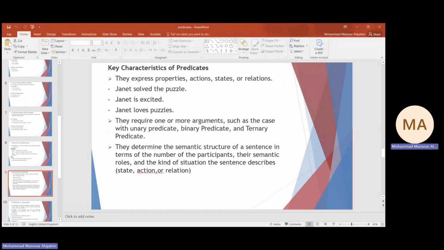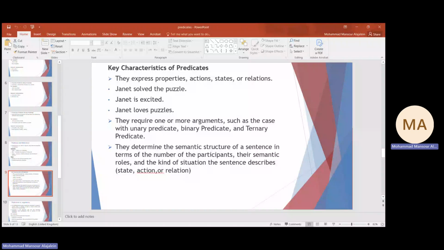Also, predicates determine the number of participants needed. They require one or more arguments, such as the case with the unary predicate, the binary predicate, or the ternary predicate that we have already discussed.